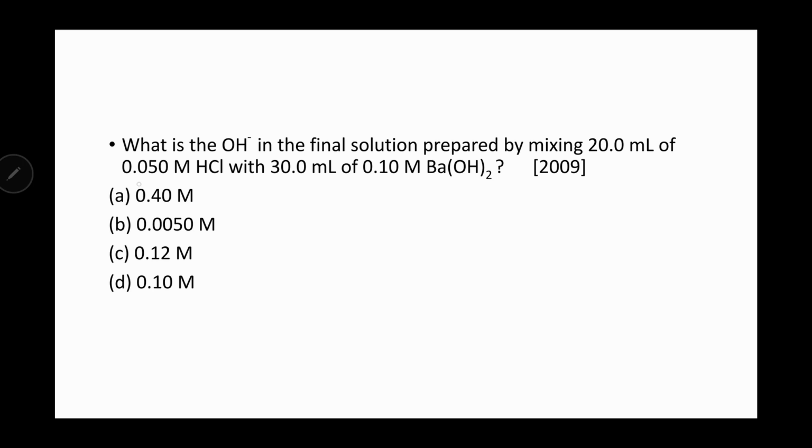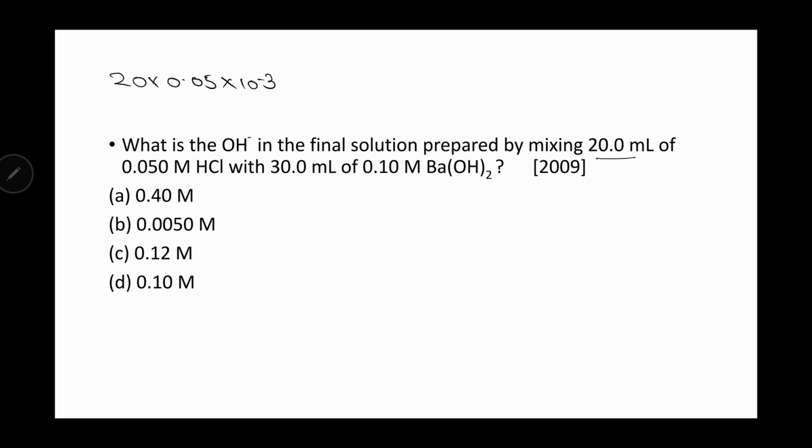So we have a 0.05 M HCl solution. What it means is that 0.05 moles of HCl are present in 1 liter of HCl solution. So 20 ml of HCl solution will have 20 into 0.05, and I'm putting this 10 to the power minus 3.